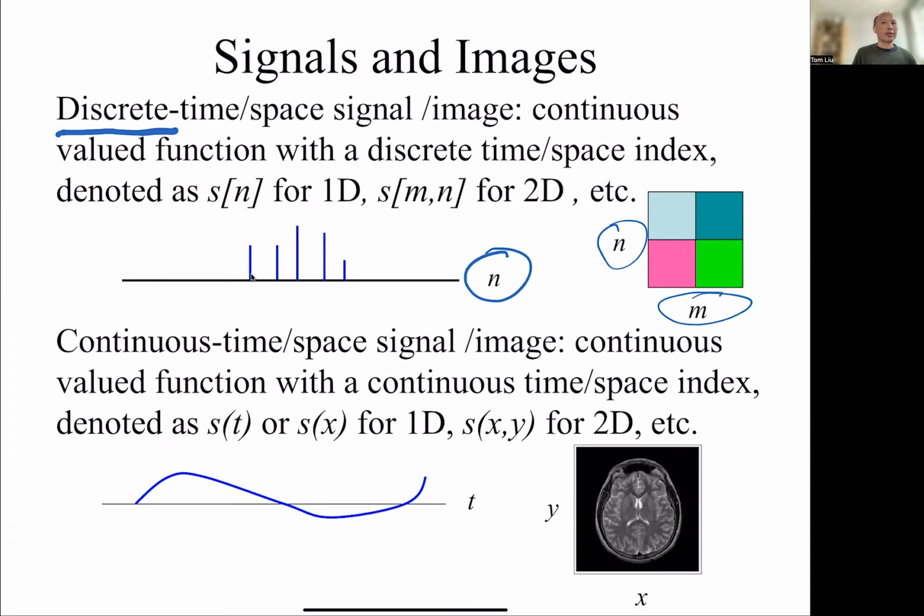For continuous time or space, that's typically what we imagine we're trying to image in the real world. So for example, if you look at my voice, the sound you're hearing, we typically say that's a function of time, where we assume that time can be as small as we want.